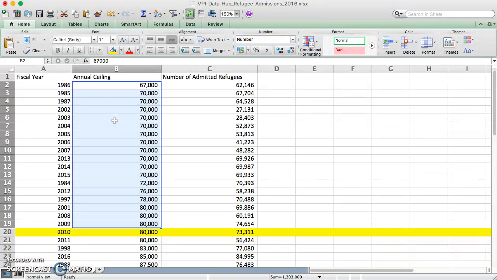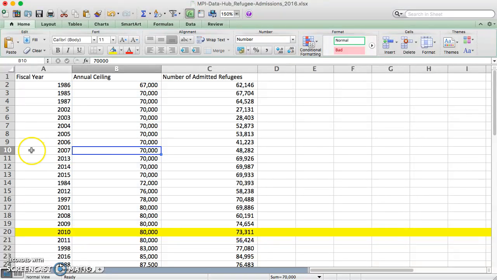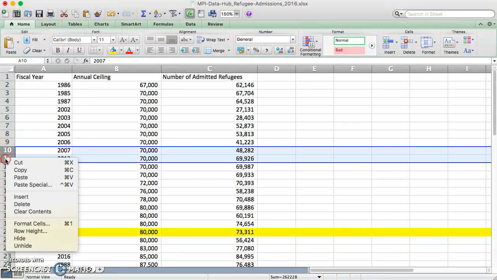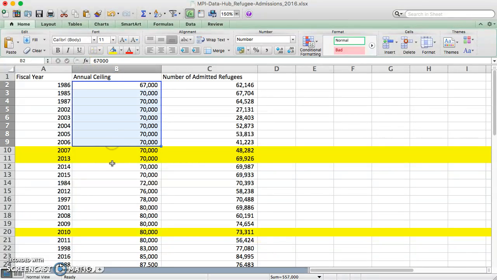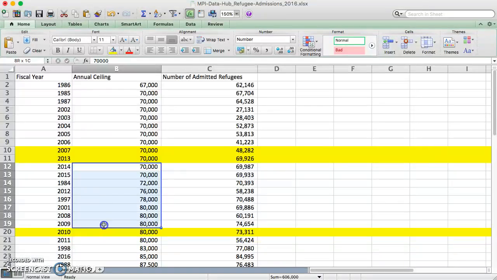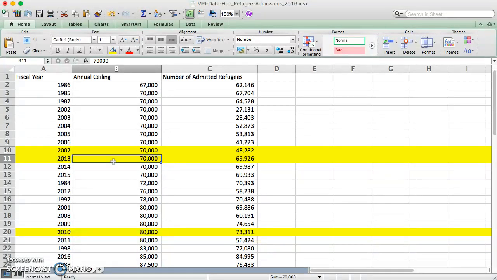If I divide 18 by 2, I get 9. In this case, I'm going to choose the 9th and the 10th row because it's an even number, right? So in other words, I'm going to end up with 8 rows on either side of my value. And the value that I will calculate, in this case, it happens that they're the same, so it's very clearly going to be 70,000.